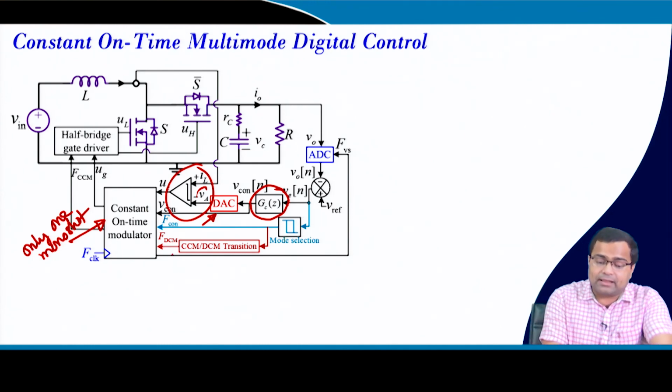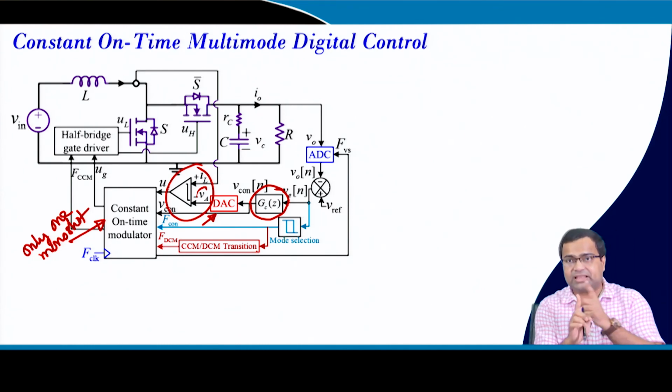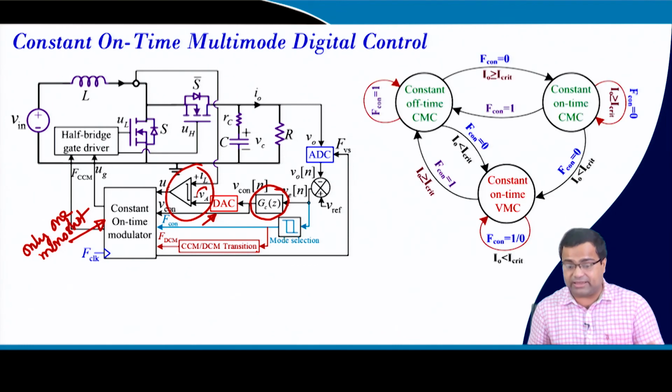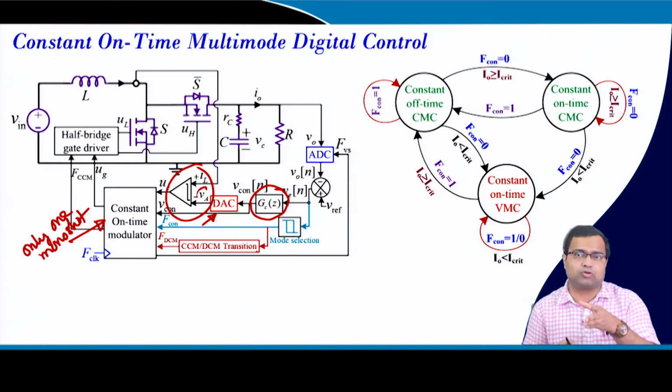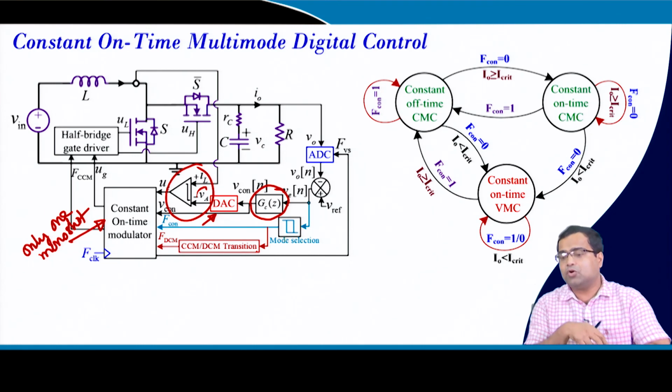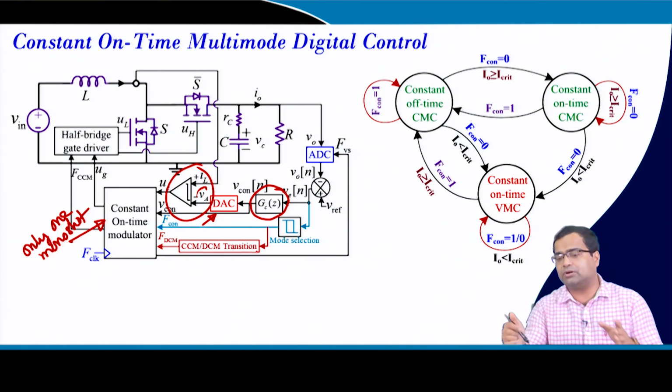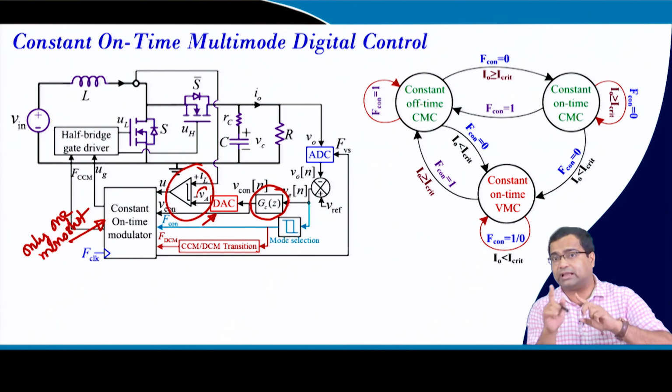Then the mode transition is just changing the edge of the clock, because we have proposed an event based sampling. If you draw a finite state machine, when it goes from light load to high load, I have discussed that constant off time is superior to constant on time in order to improve the step up transient. When you go from high load to light load, you can reconfigure to constant on time.